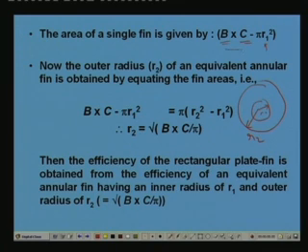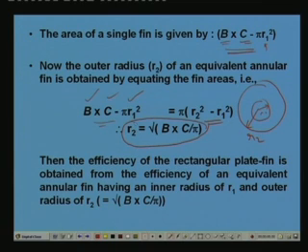Now, this area is equated to the area of the annular fin. The area of the annular fin is nothing but pi into r2 square minus r1 square. So, this should be equal to B into C minus pi r1 square, and B and C are known to us and r1 is also known to us. By equating these two expressions, we get an expression for r2, and r2 is simply equal to square root of B into C by pi.